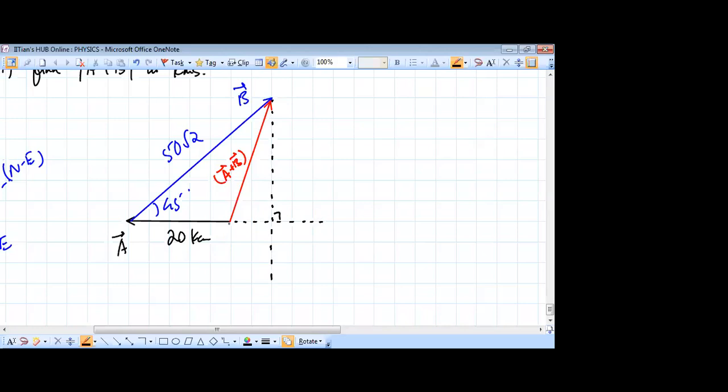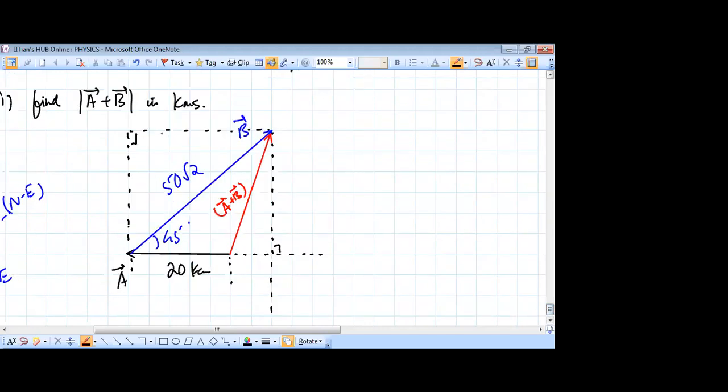So now see what is happening in this. Now see, this side and this side are how much? If you go to this triangle above, you can see that this side is going to be 50 kilometers.